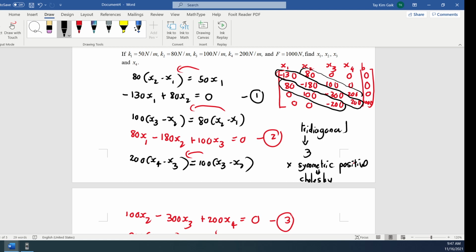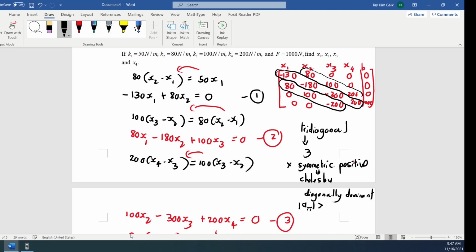Okay, how about, is this system diagonally dominant? Is it diagonally dominant? No, doctor. Okay, diagonally dominant, let me check the magnitude.